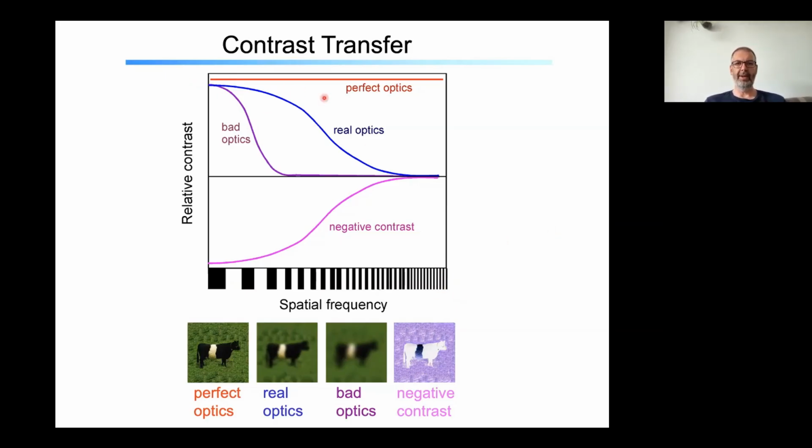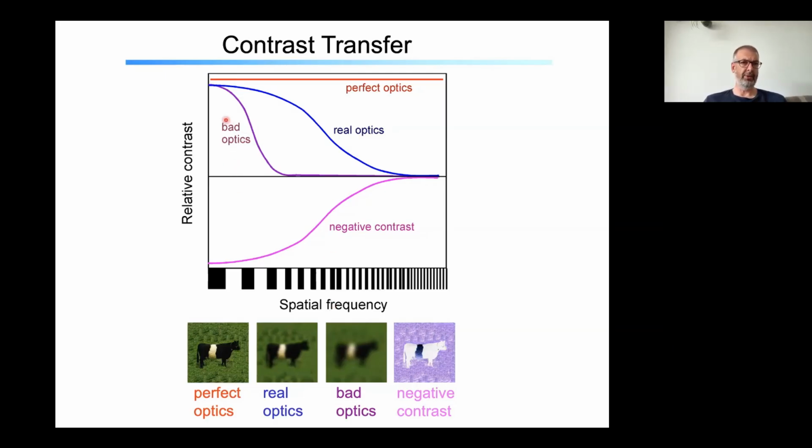If we had perfect optics, this red line here, you'd get the perfect image recorded of your object of interest. In the case now with direct electron detectors, we're probably more in this kind of real optics region where we get a pretty good representation of our object, but there are still some blurring effects from the optics.